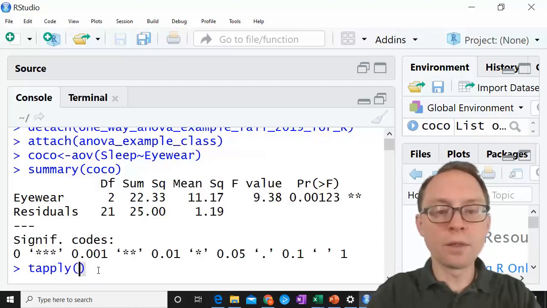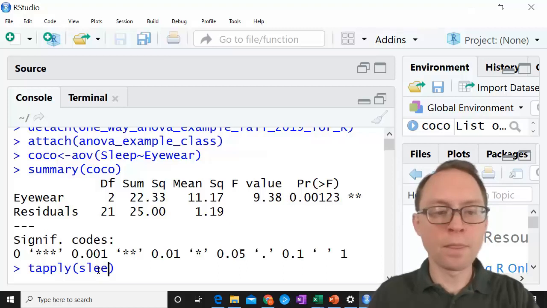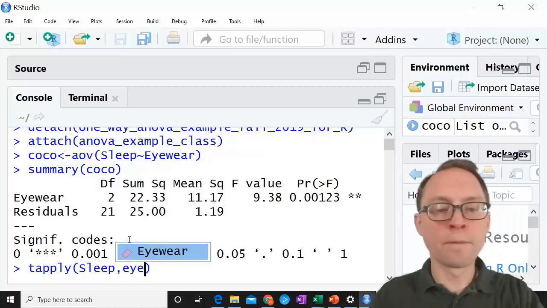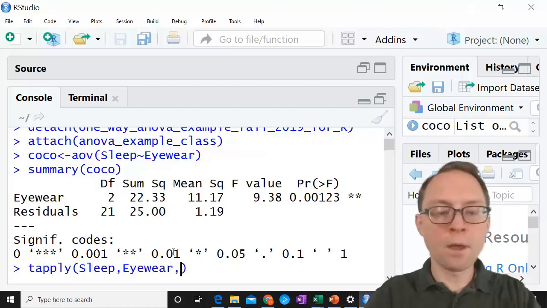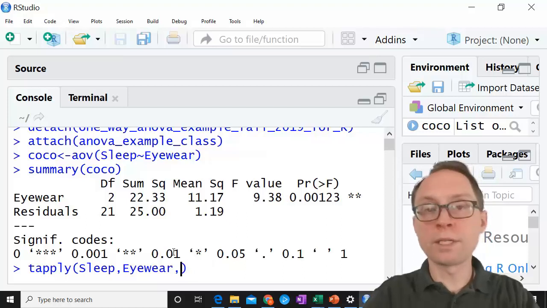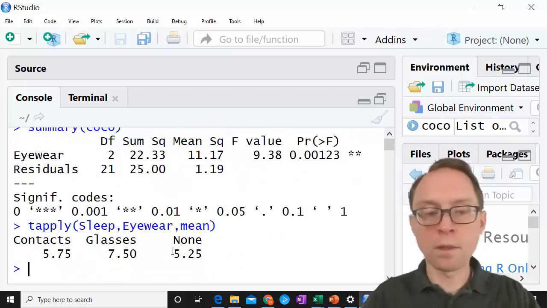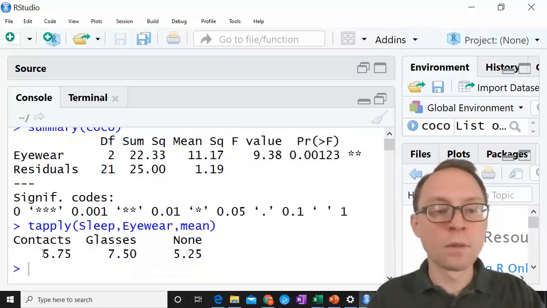Then we put in the dependent variable first, which in this case is sleep, comma, the independent variable, which is eyewear, comma, what we want it to tell us, which is the mean. People who wear contacts get 5.75 hours of sleep.